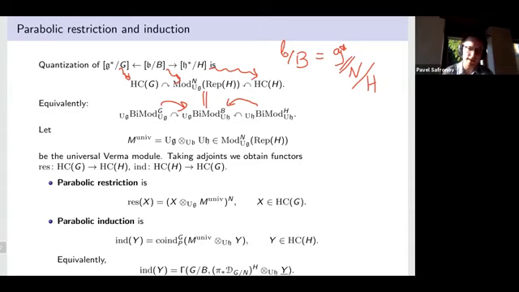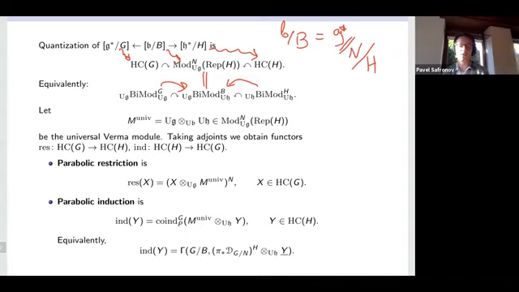So what you can do is, these functors are colimit preserving, so they will automatically have right adjoints. So you can take adjoint on the other side, and what this gives you is either parabolic restriction, which means you read this diagram from right to left, or parabolic induction, restriction is reading it from left to right, and parabolic induction is reading from right to left.